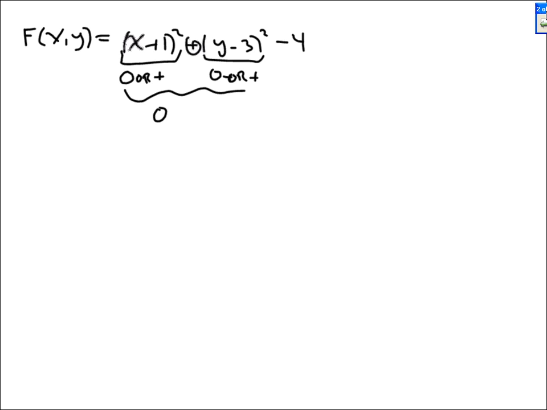If you added zeros, you get 0. If one of these was 0 and the other one was positive, when you add it, you get positive. Meaning 0 plus 7 is positive. 7 plus 0 is a positive number.